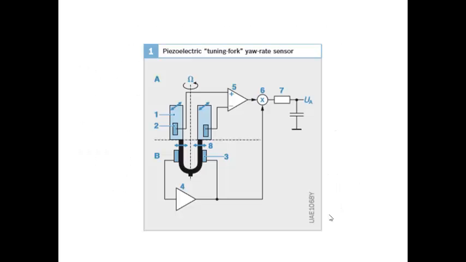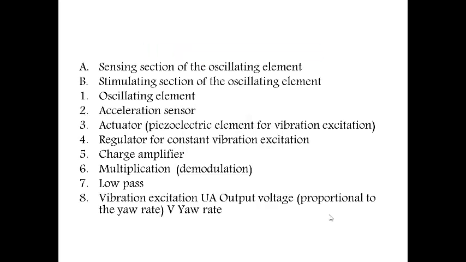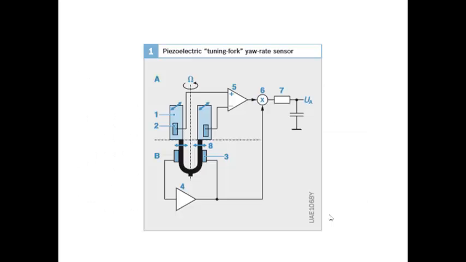So this is actually a block diagram, which explains some of the things. We can say it has been divided into A and B sections. A section is the sensing section of the oscillating element, and B is the stimulating section of the oscillating element. These are the numbers I have given for the oscillating element and acceleration sensor, so that it will be easy to understand.